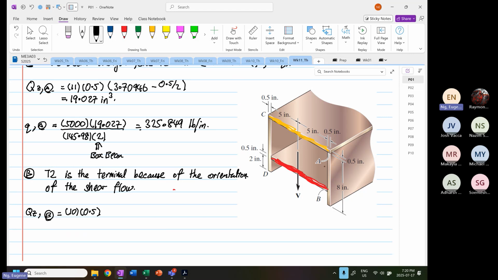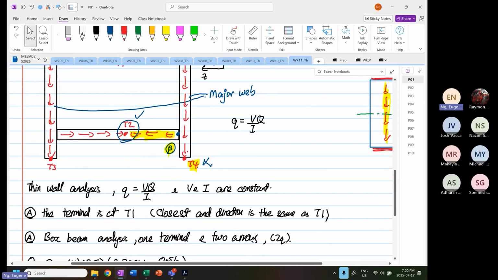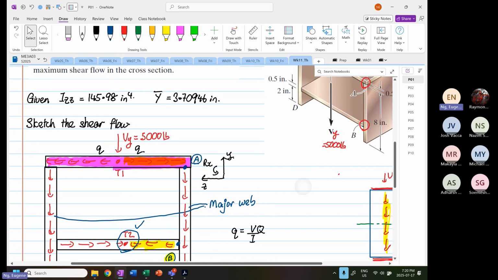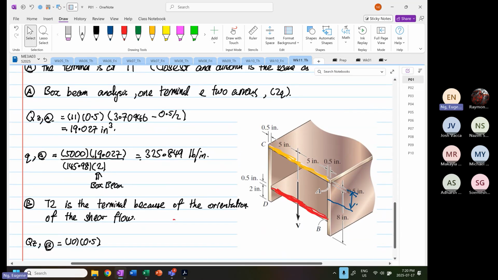There's a certain distance from here to here, which is equal to 3.70946.